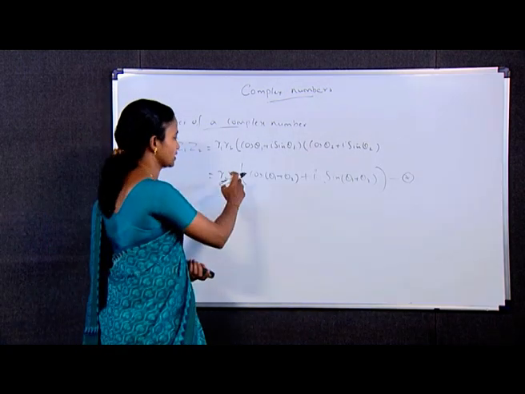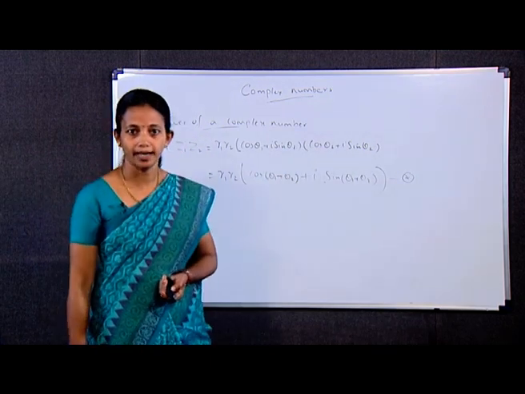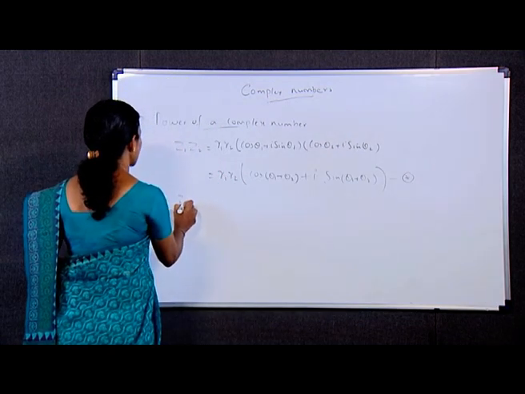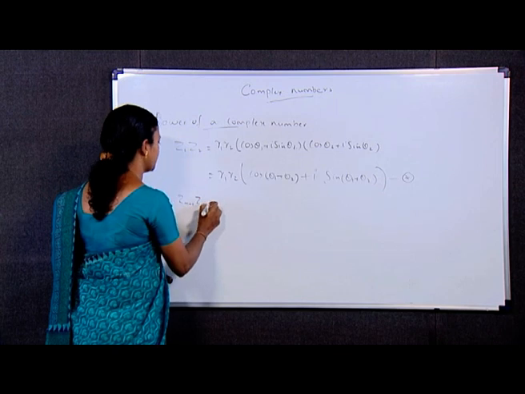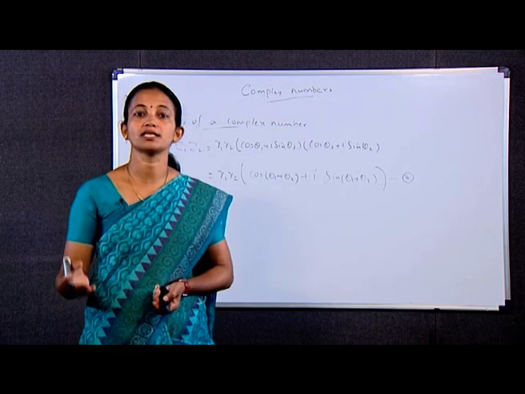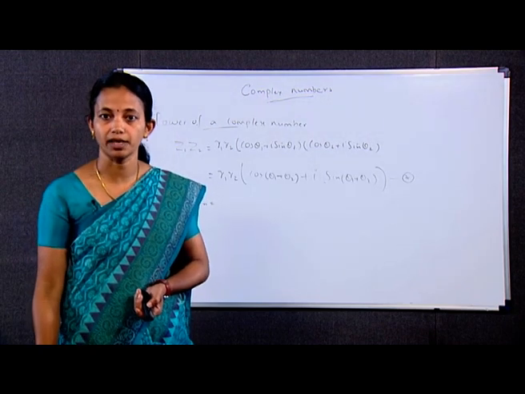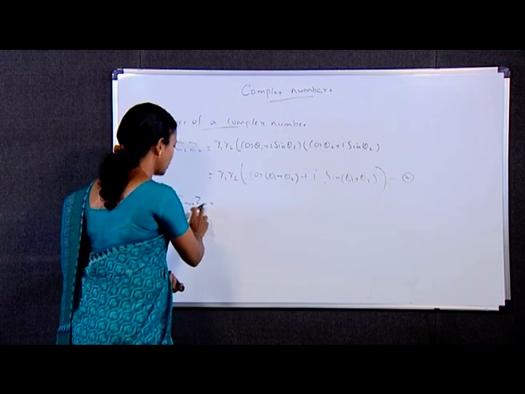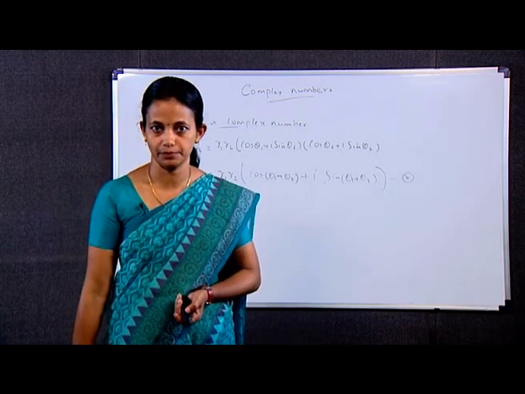Now z1 etc. into z(m minus 1) into zm, where zm we can write as rm (cos theta m plus i sin theta m).